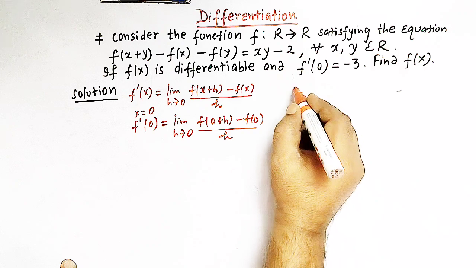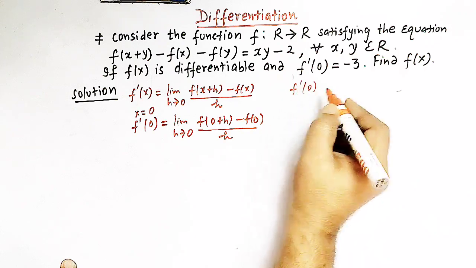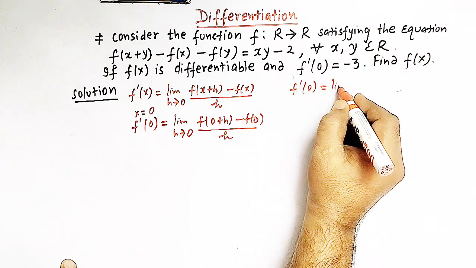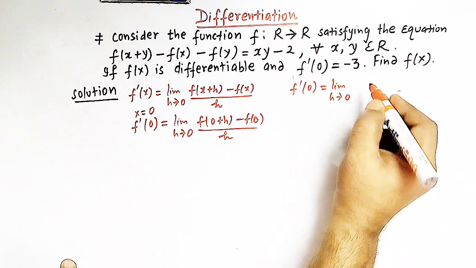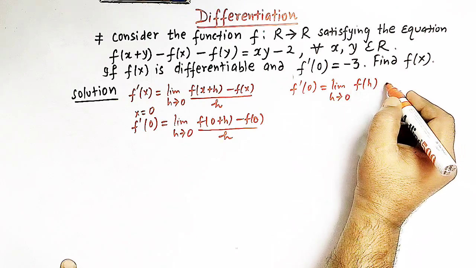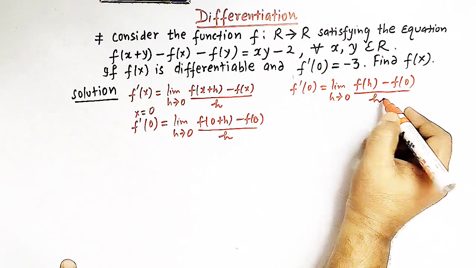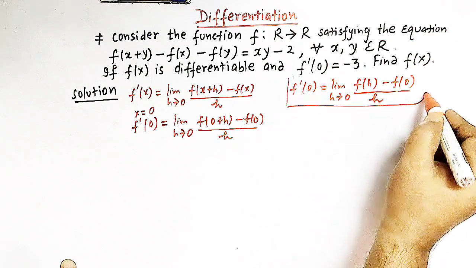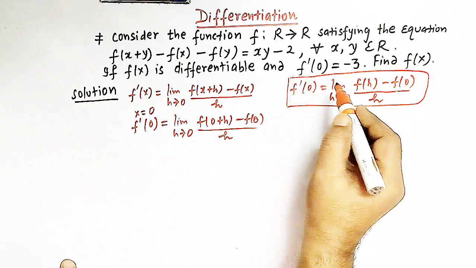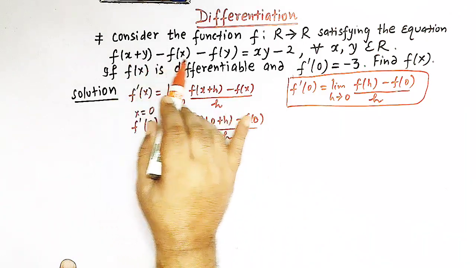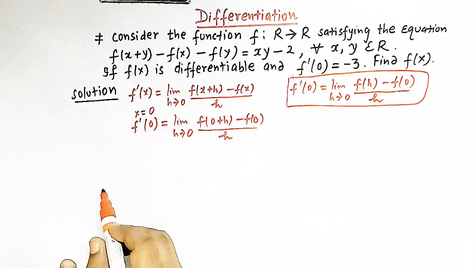So f'(0) is given by the limit h tends to 0, [f(h) - f(0)] divided by h. This limit is going to be very useful while solving this functional equation.